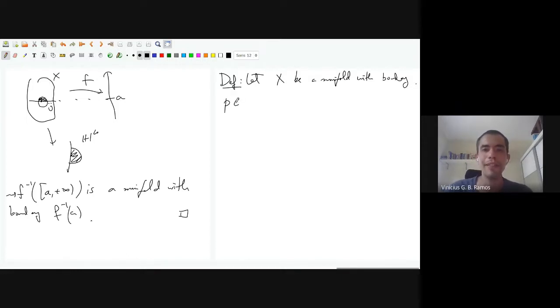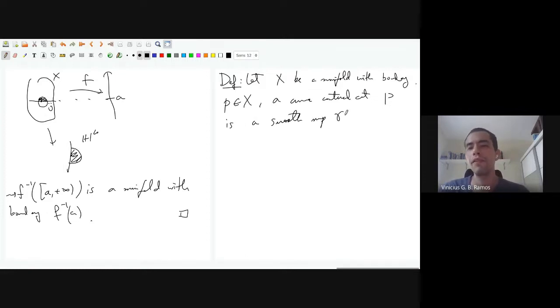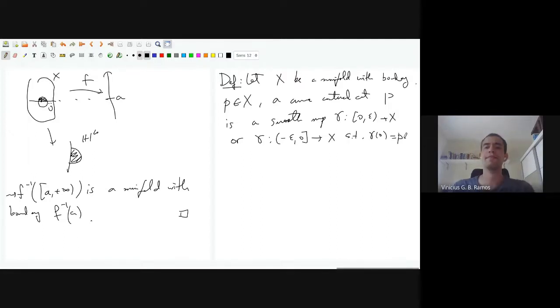If we take a point p in X, a curve centered at p is a smooth map of the form gamma from 0 to epsilon into X, or from minus epsilon to 0 into X, such that gamma of 0 is p.